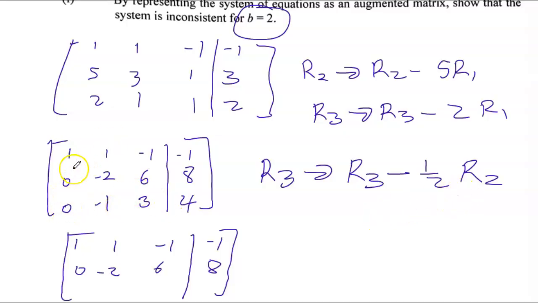So 0 minus half of 0 is 0. Negative 1 minus half of negative 2, that's negative 1 plus 1, which is 0. And 3 minus half of 6 is 3 minus 3, 0. And 4 minus half of 8, that's 4 minus 4, 0. So actually, infinitely many solutions.